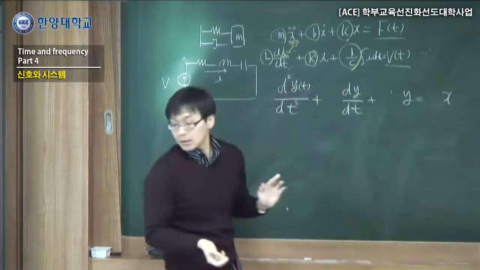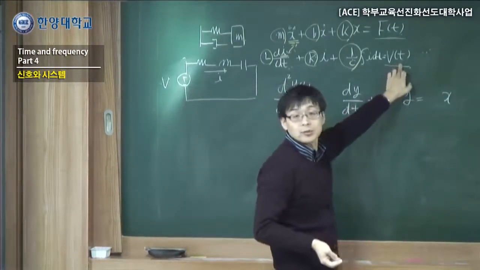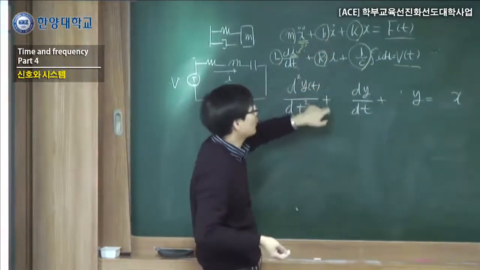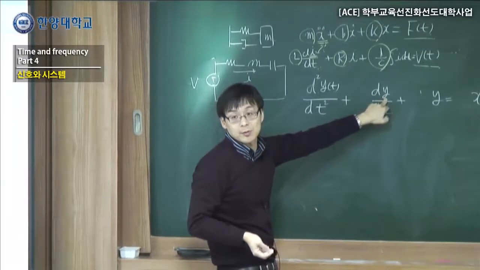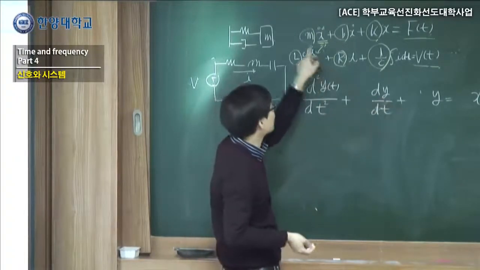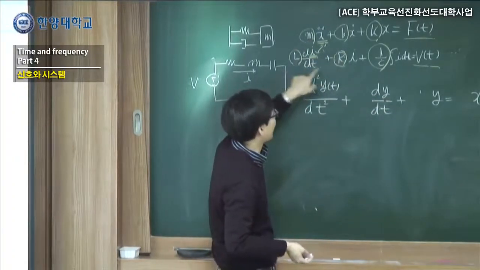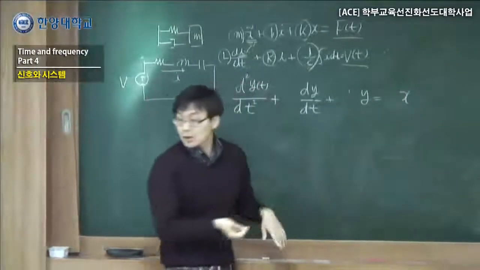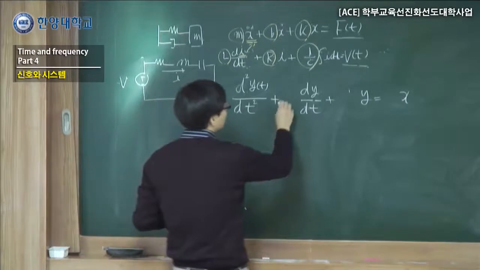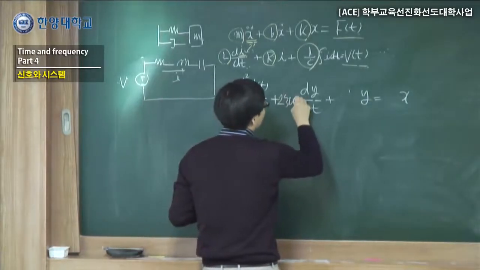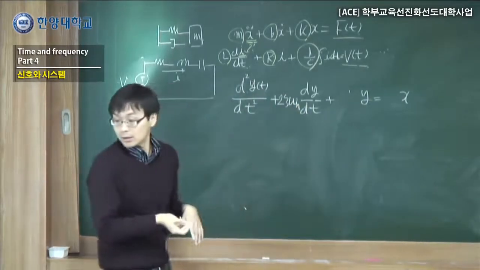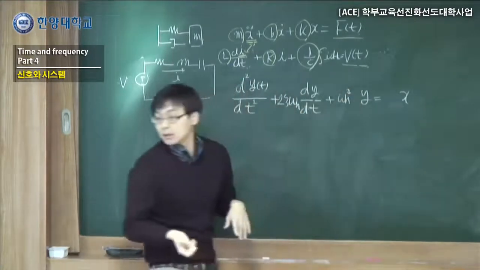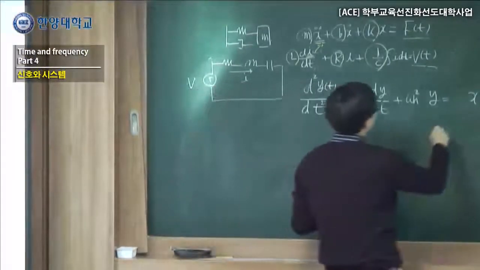As I said, this is more like an input to the system, which corresponds to x, and this is more like the output of the system, which corresponds to y. If you divide by m, or by L, then there is some constant over here. So we put the constant like 2 zeta omega n, and in here we define omega n squared.